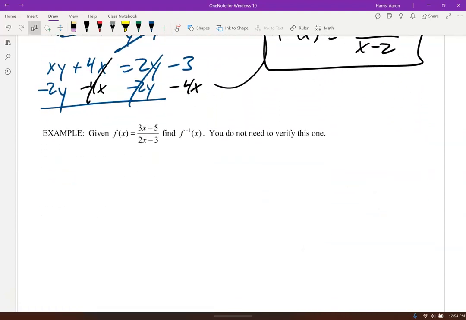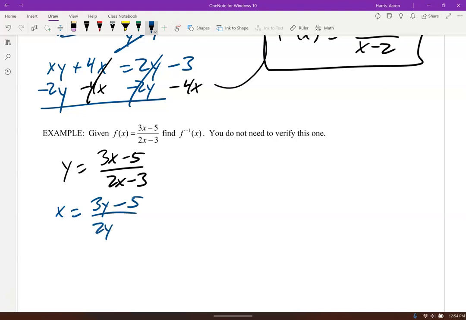One more. I have f of x, which is y. Let's go ahead and call it y right now. Let's go ahead and flip-flop the x's and the y's. Let's multiply both sides by 2y minus 3.